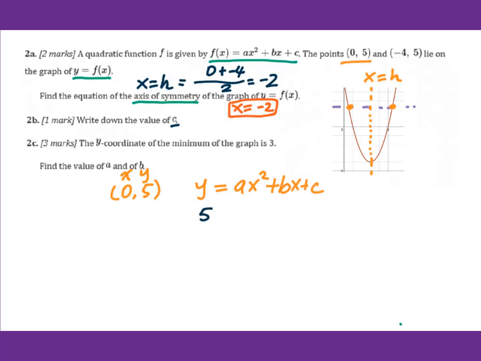You will get y equals 5, a times 0 squared plus b times 0 plus c. So c equals 5 because these two terms are both 0. In other words, for this c, remember that's the y-intercept.